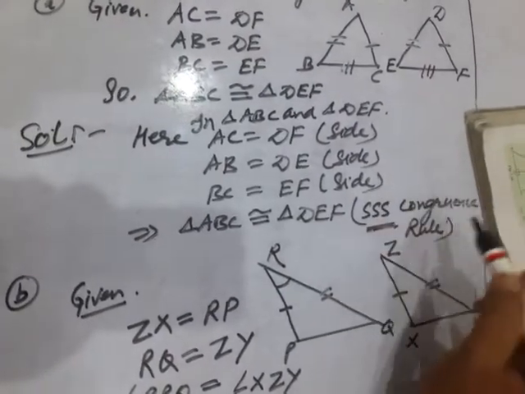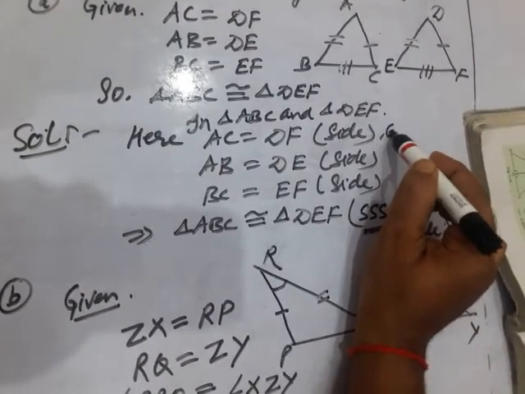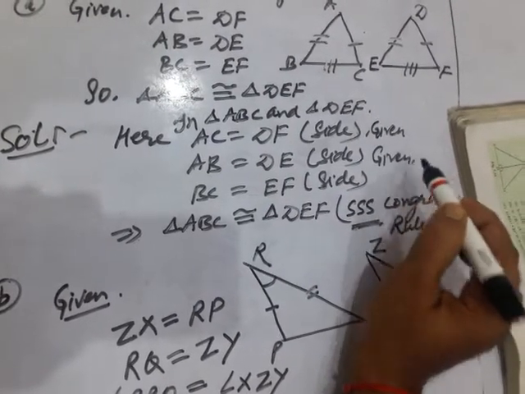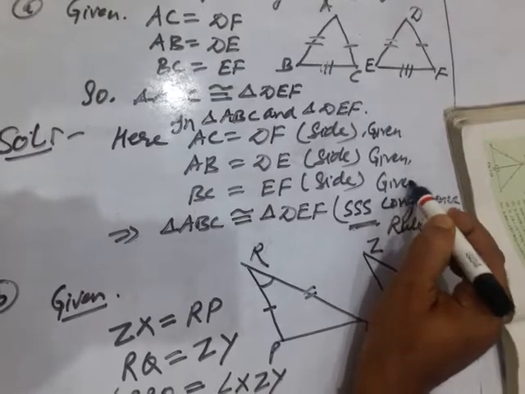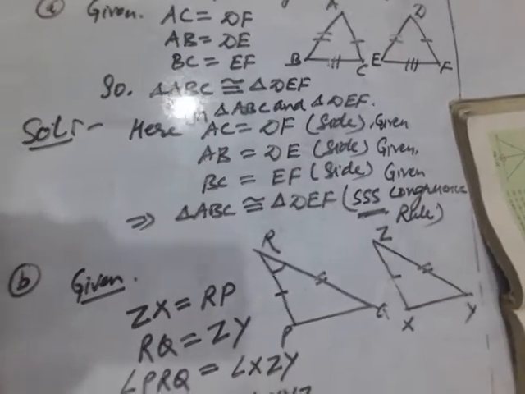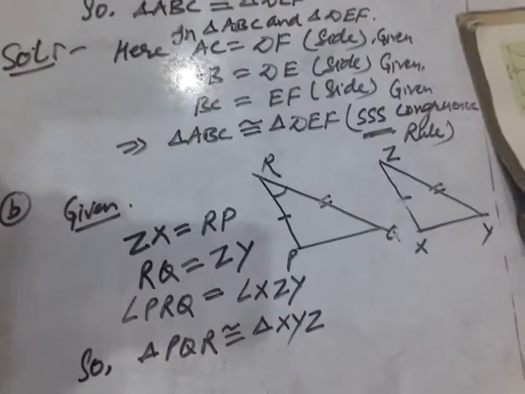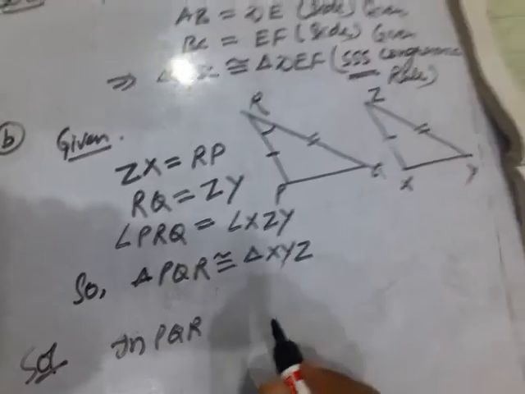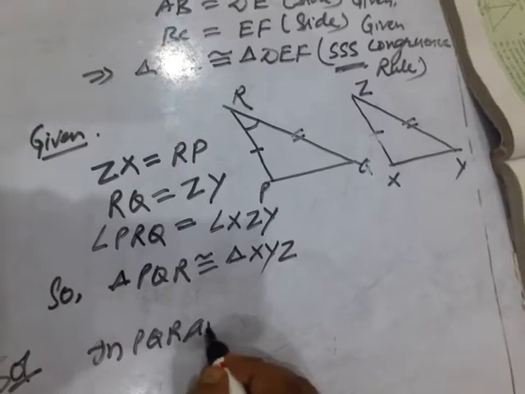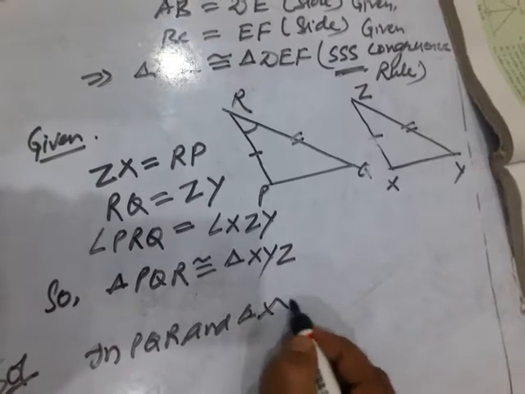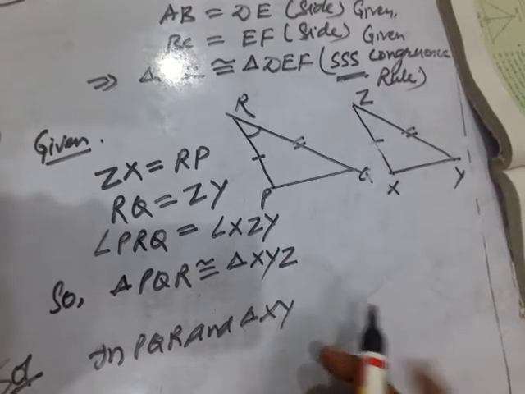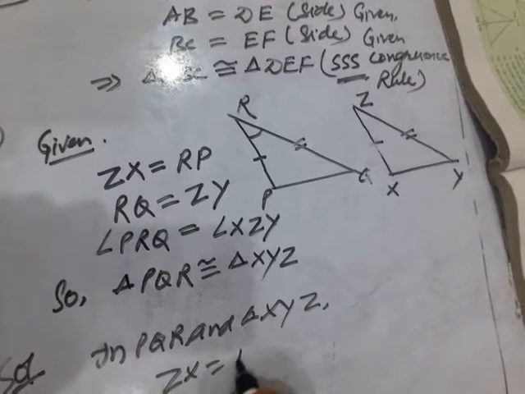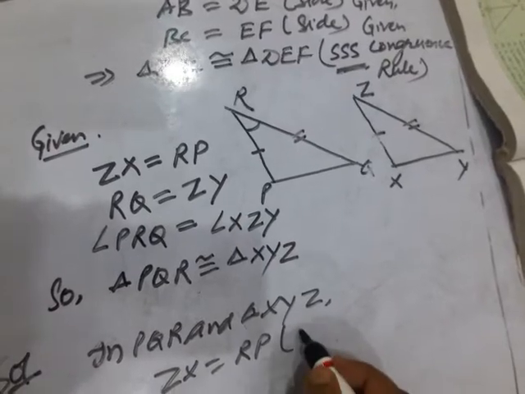Side, that is given over here. It was given. It was also given in the second part. Here also this is given. Right, children? Here write down in triangle PQR and triangle XYZ: ZX equal to RP, that is a side.